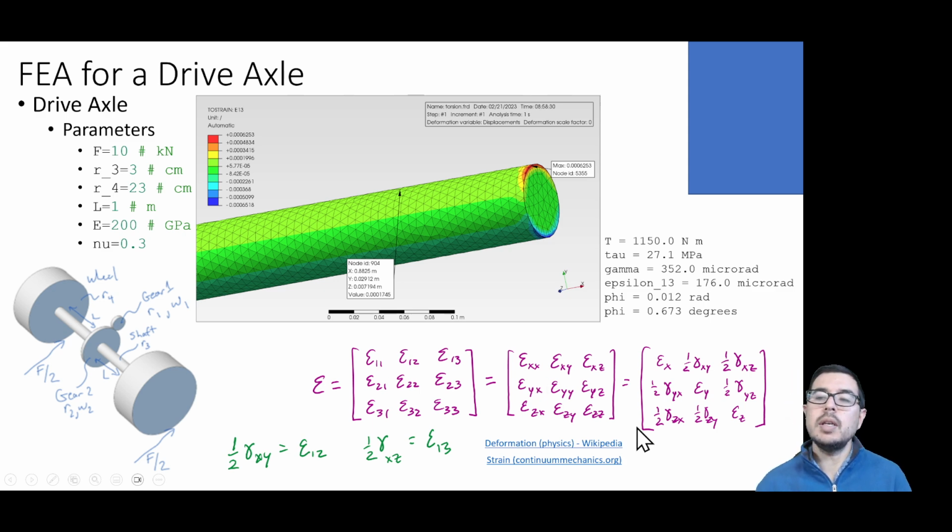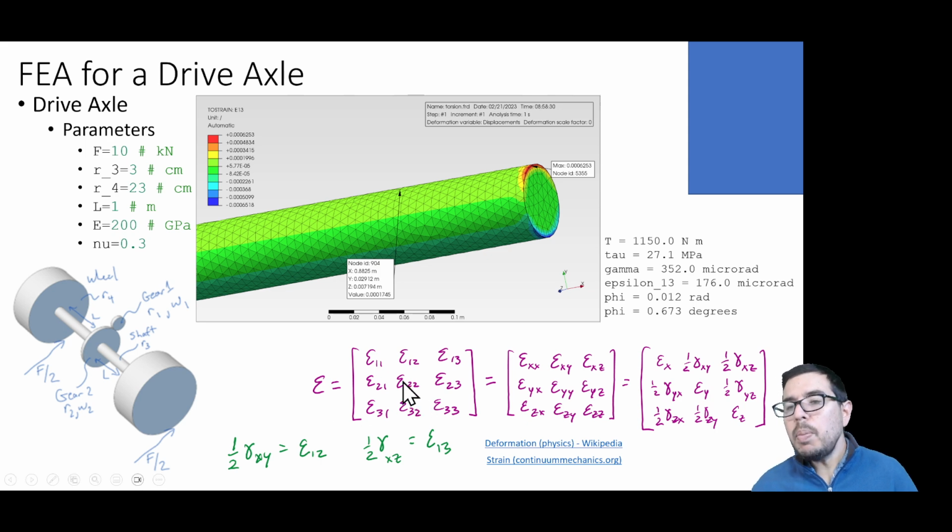This is because when it does the tensorial math for things to work out, and we'll cover this a little bit when we get to Mohr's circle with plane strain, there have to be these 1/2 coefficients on the true shear strain in this tensor. Okay, that describes the overall state of strain for the system.